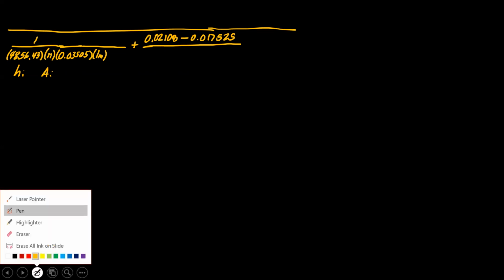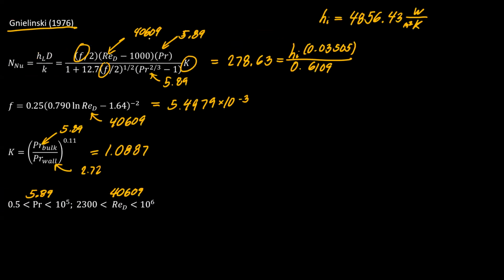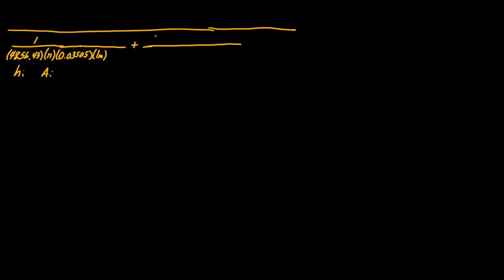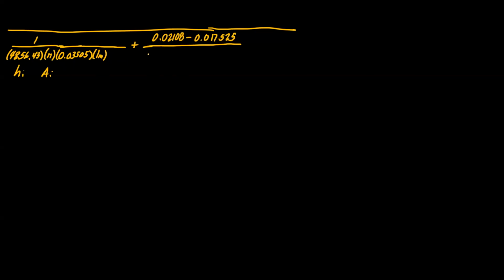And so the area should be, if you're going to use radius, yeah, so that's right. 0.02108, 0.017525. Okay. For the K of the steel, it's just 45 watts per meter Kelvin.